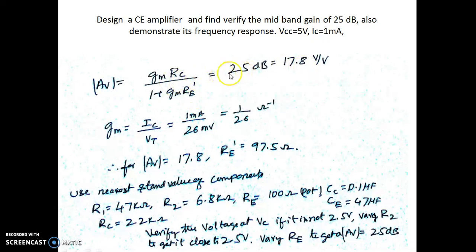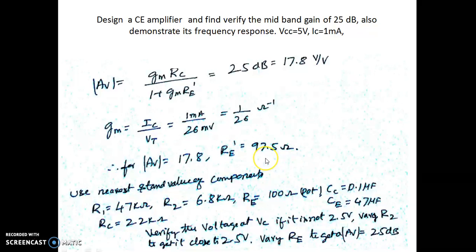So to have a gain of 25 dB, which happens to be 17.8 volt per volt, with gm as 1 over 26 ohm inverse, the AV is supposed to be 17.8. In order to get the AV of 17.8, with RC as 2.2 kilo ohms, RE dash should be 97.5.